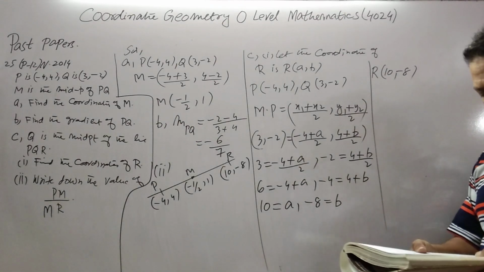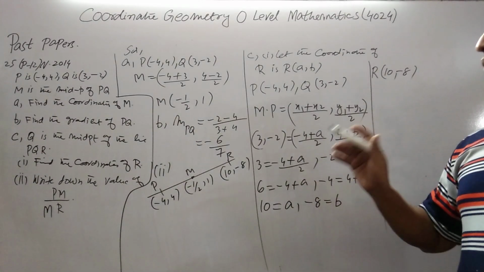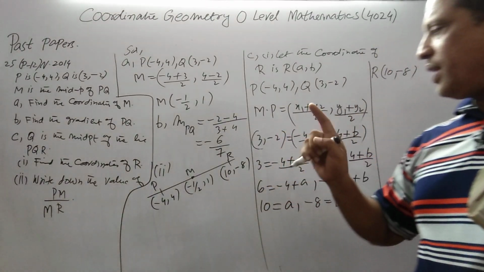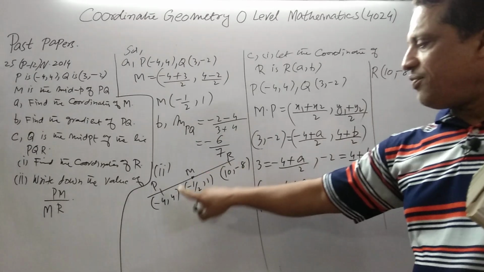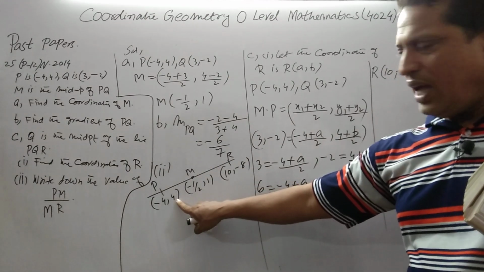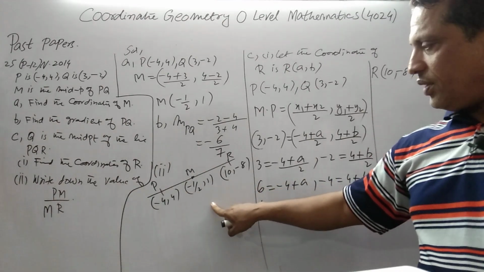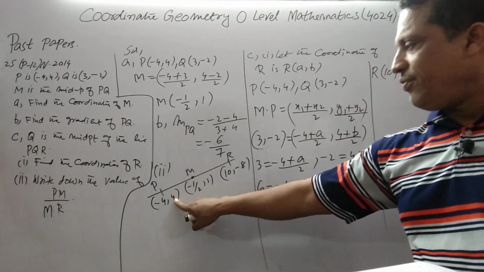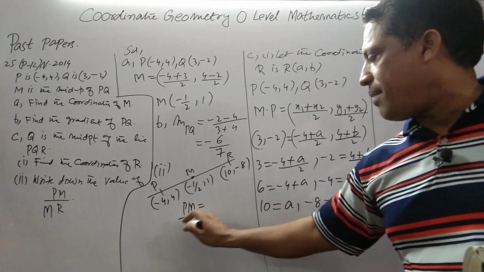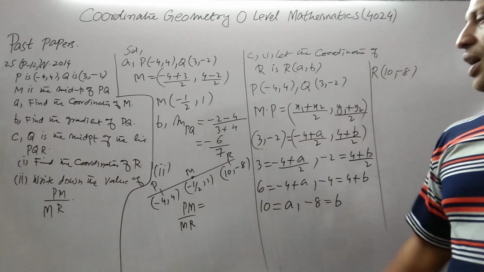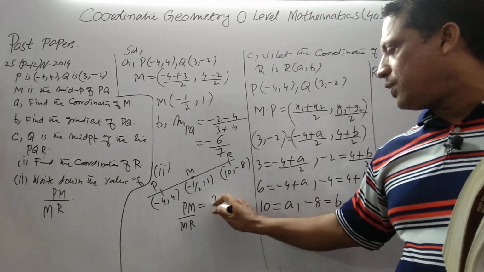Now we need to find the ratio of PM to MR. See carefully. PM, this is P, this is M. This y value is 4 and this y value is 1. So PM is 4 minus 1, which is 3.